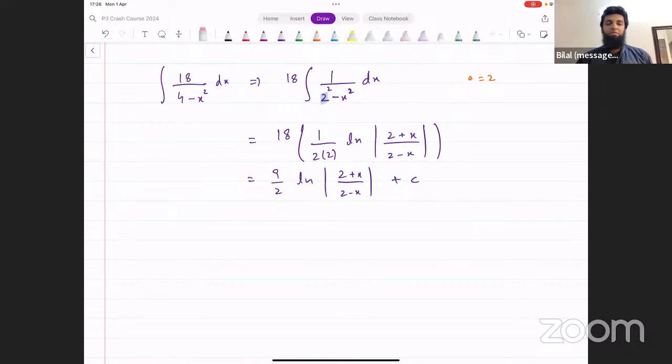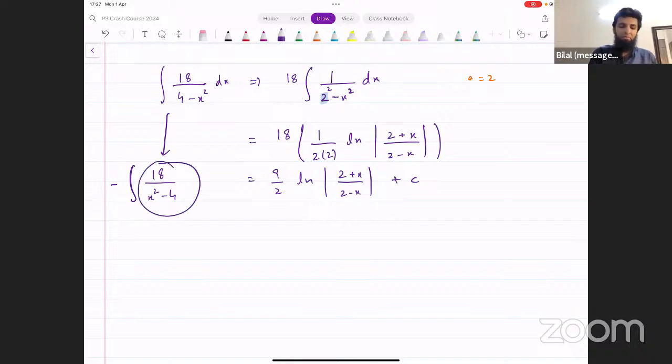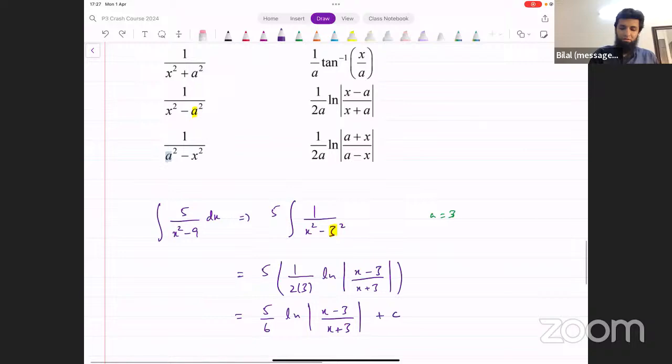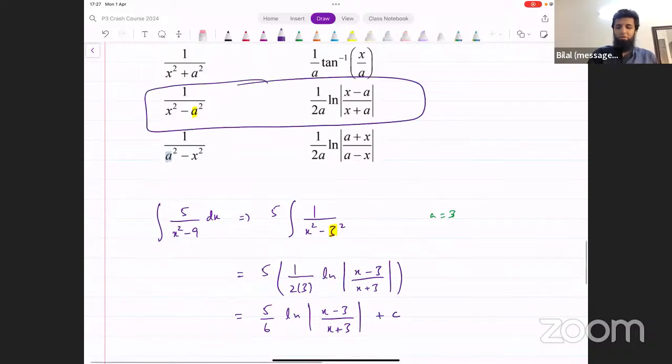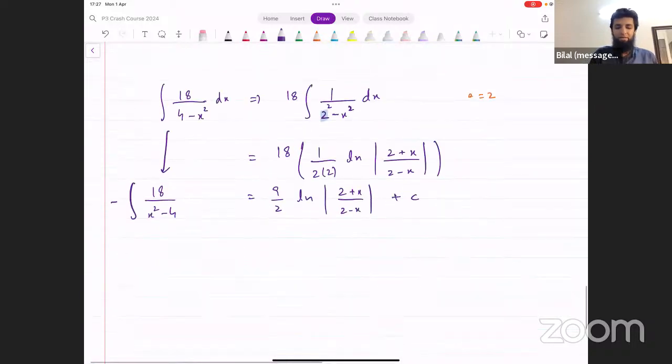Any questions, anyone? Yes. Sir, can we take a minus from the denominator outside? Yes, in this case, you could do that. If you take minus common here, what would that become? It will become 18 over (x squared minus 4), and you have minus outside. And then this becomes this form. You could use that now with a minus outside, and that's going to give you the same thing.